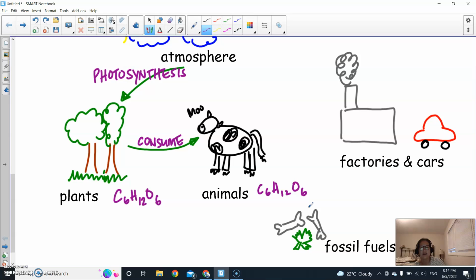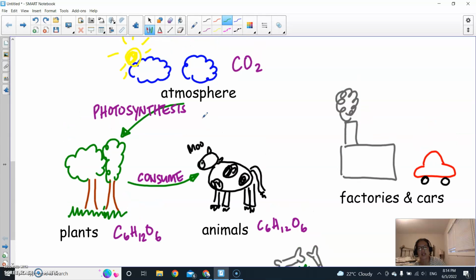Then next up, what happens is we also have a reverse process. Photosynthesis gets the carbon dioxide in, and in order to get it out back into the atmosphere, we do cellular respiration. So all animals, and also plants, point towards the atmosphere.